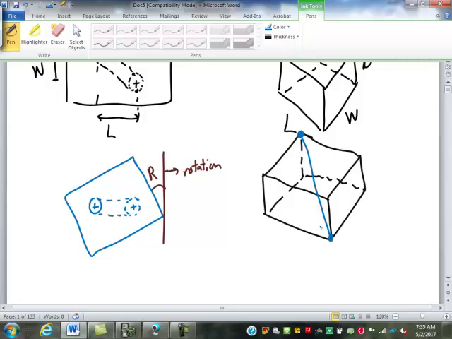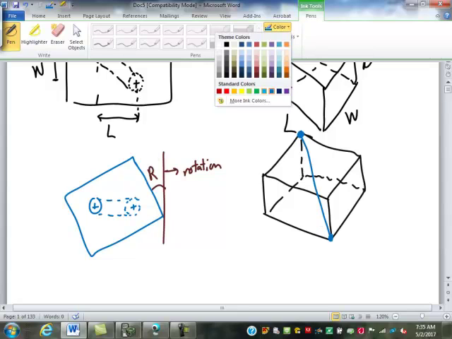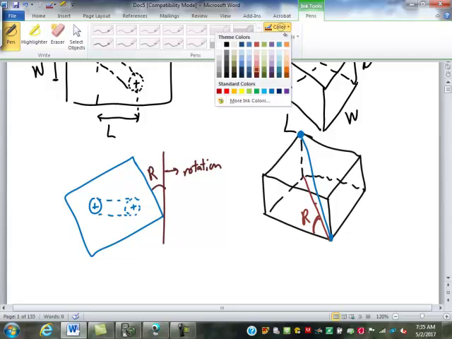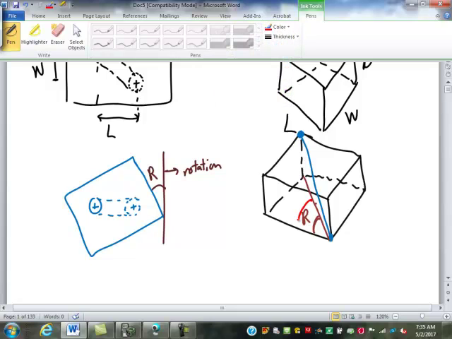Again, those corners are at the center of the hole. That angle R of rotation is found on the bottom of this. This angle here is the same as this amount of angle we have to rotate here, because we've got to take this line rotating over so it's here at the horizontal, side by side.